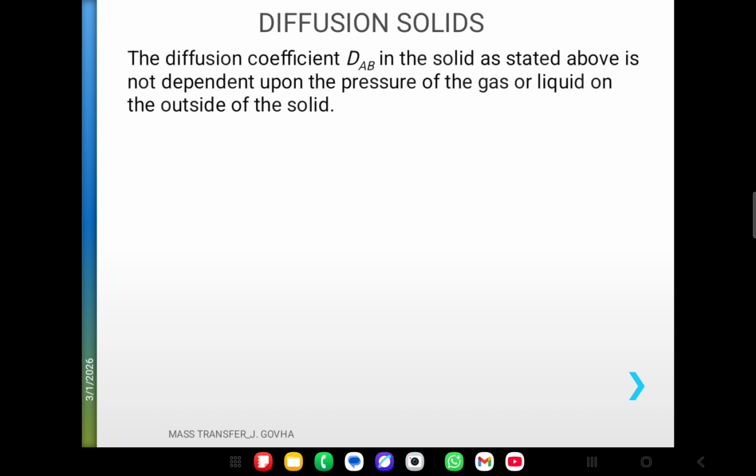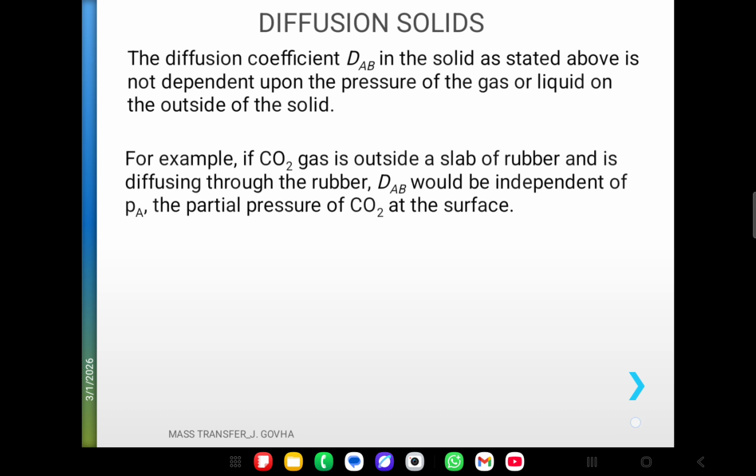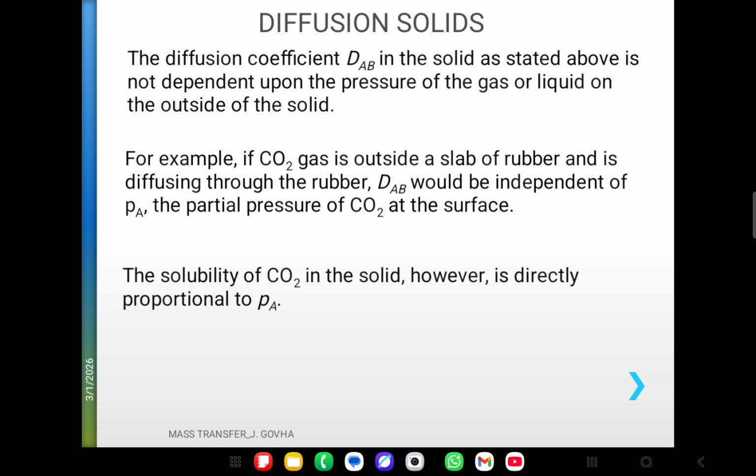So with that, diffusion in solids. As alluded to earlier, the diffusivity or diffusion coefficient in the solid is independent of the pressure of the gas or liquid on the outside of the solid. For example, if CO2 gas is outside a slab of rubber and is diffusing through the rubber, DAB would be independent of PA, the partial pressure of carbon dioxide at the surface.